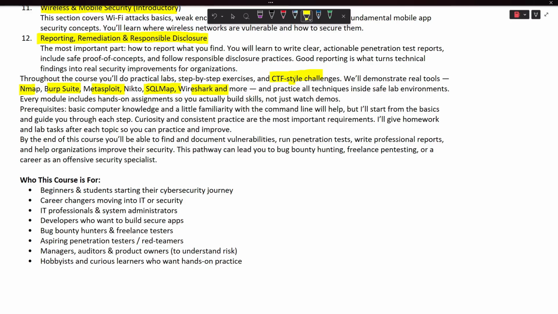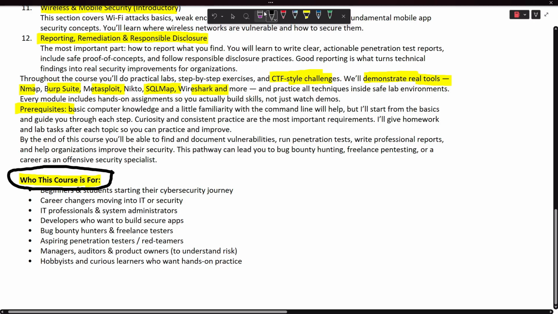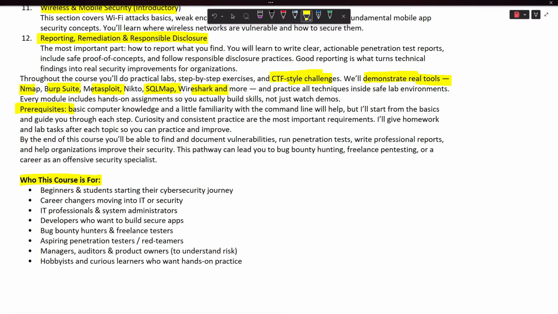We will be playing CTF challenges, and everything will be based on real tools like Nmap, Burp Suite, Metasploit, Nikto, SQLMap, Wireshark, and so many other tools. Okay, but we will be performing everything in a lab environment, because we just cannot attack someone's website. It will be illegal. Okay, so I will be guiding you step by step for each and everything. So just don't worry, stay with me.